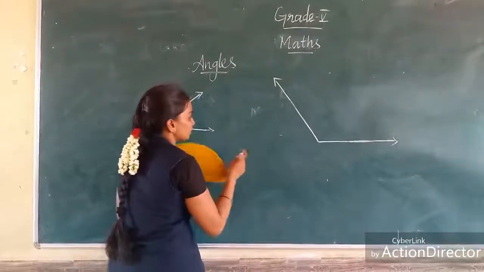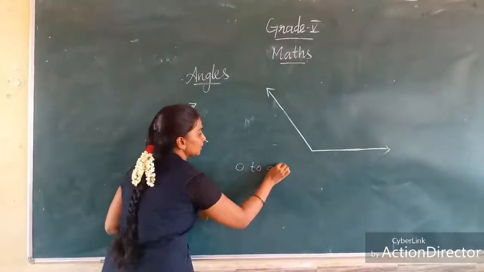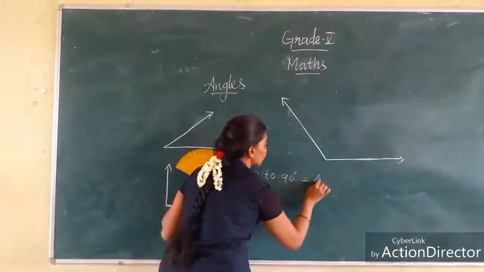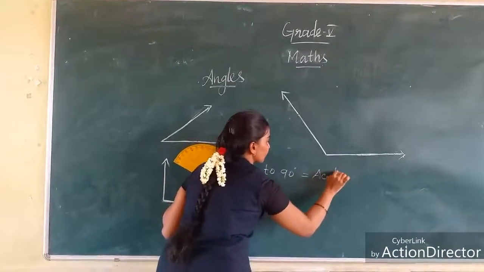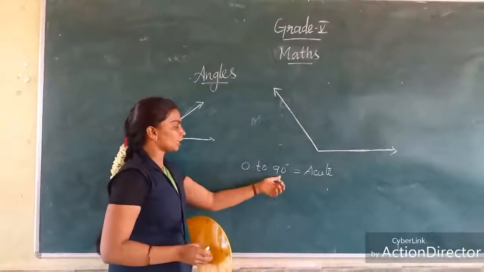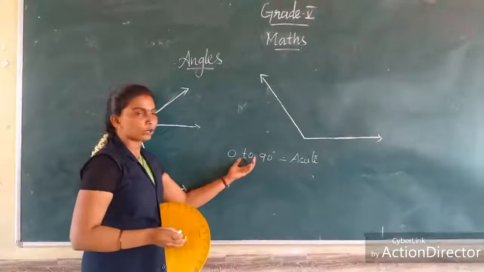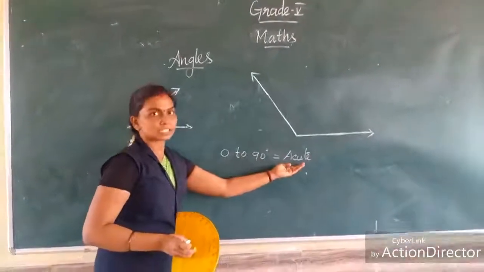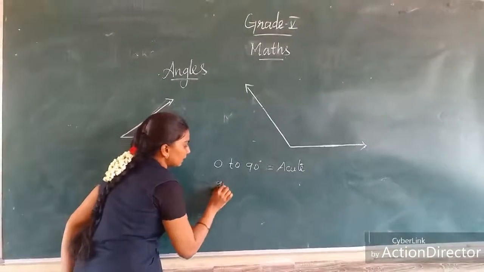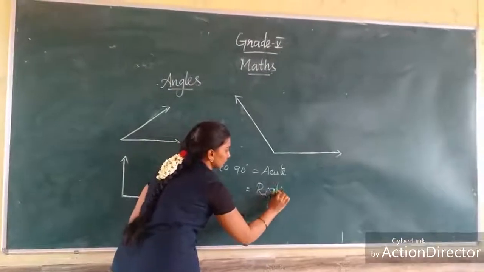In between 0 to 90 degrees, that is an acute angle. Not 0 and 90, don't include the numbers 0 and 90. Next, 90 degrees, that is a right angle.